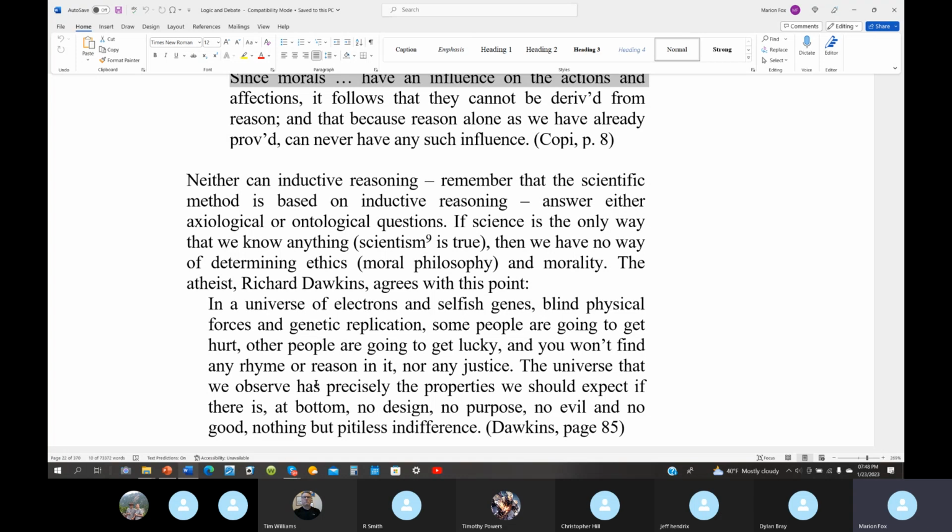They're just irrational as they can be, because they've been taught irrationalism. Science can't tell you morality. We're going to quote another scientist down here, Richard Dawkins, in a minute. So if science is the only way we know anything, that is, scientism is true, then we have no way of determining ethics, or moral philosophy, or morality.